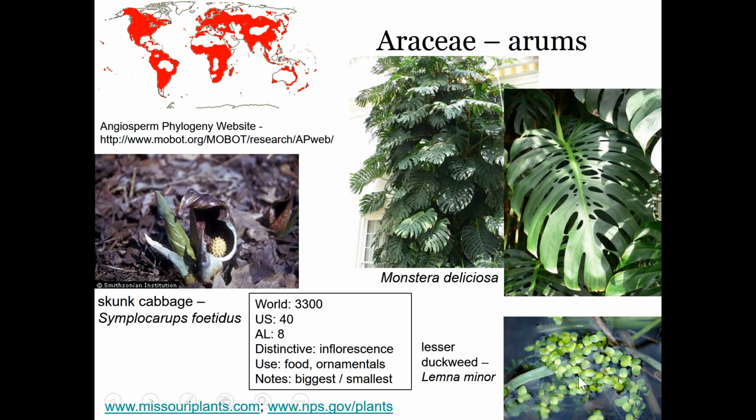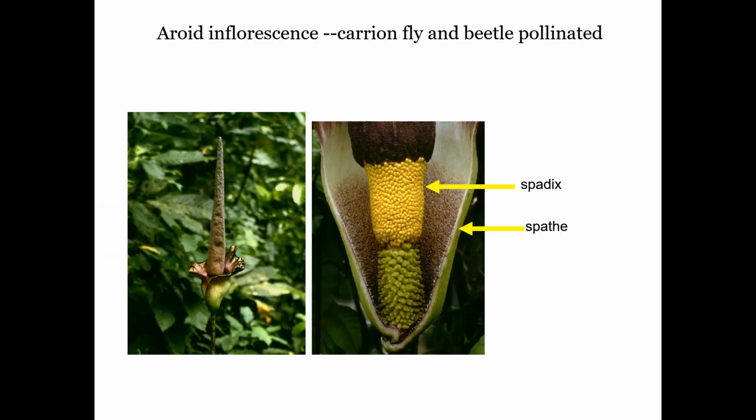And it also includes the world's smallest flowering plant, things like duckweeds. Remember that this is the family that has the unique kind of feature, the spadix, which is the central part of the inflorescence that will have both male and female flowers on it, and then the spathe, think of it as like an enclosure that goes around the spadix and that inflorescence.